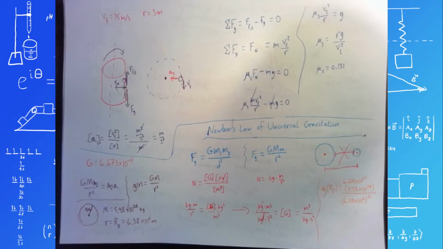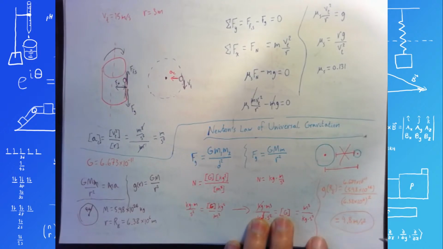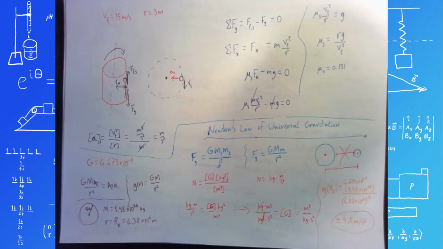And I get 9.80349. I'm getting 9.8 meters per second squared. About what we would expect near the surface of the Earth.